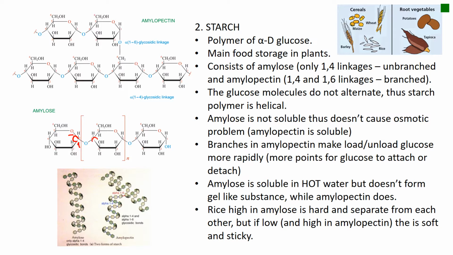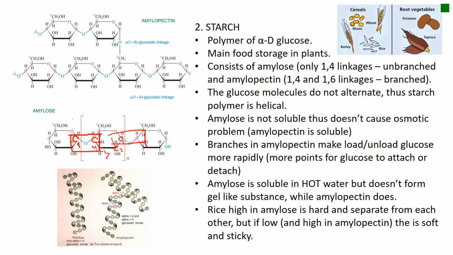Well, this carbon is the fourth, because this is C1, C2, C3, C4. Now the linkage between C1 and C4 is the only linkage that happens in amylose.